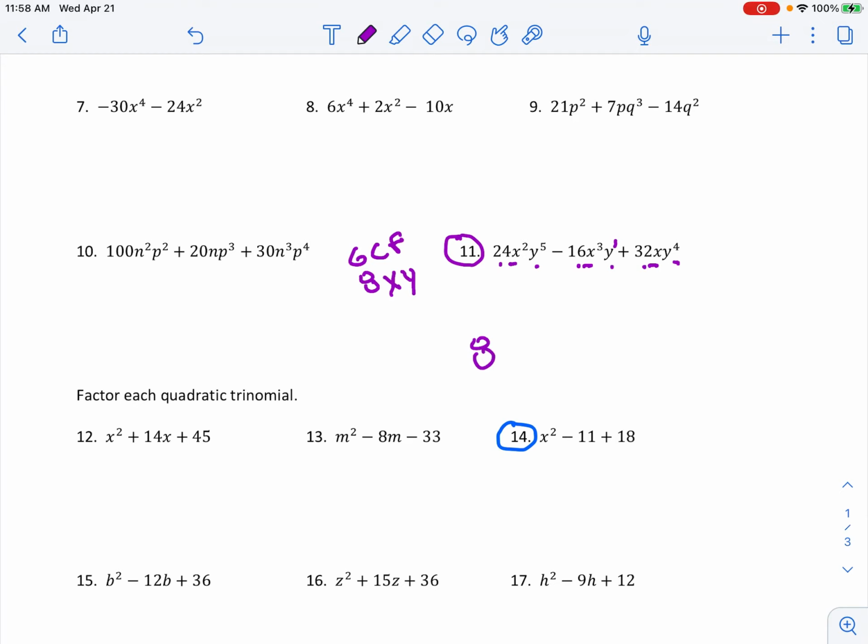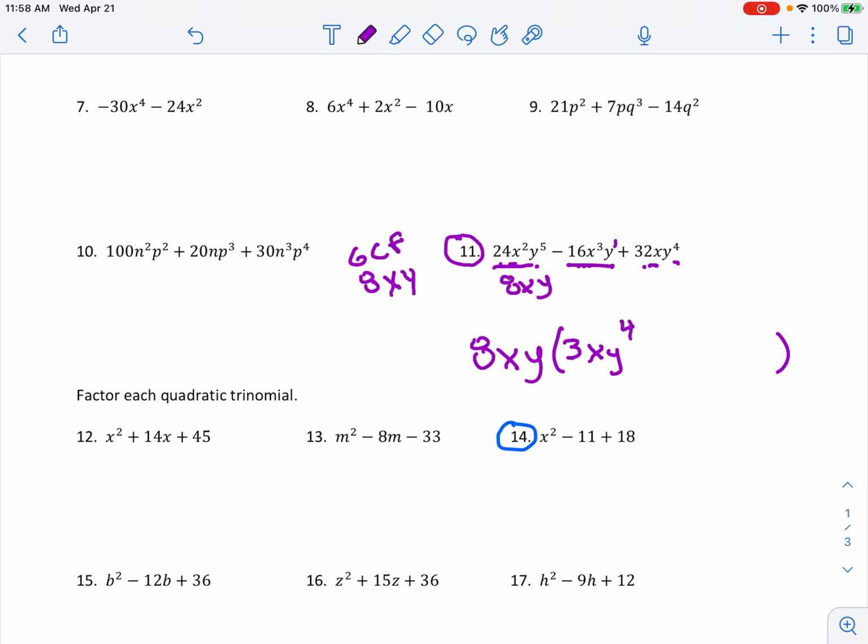So again, my factored form is going to look like one factor, my GCF, times the other factor, and the other factor I get from dividing by 8xy. So 24 divided by 8 is 3, x to the 2nd divided by x to the 1st is x, and y to the 5th divided by y is y to the 4th.